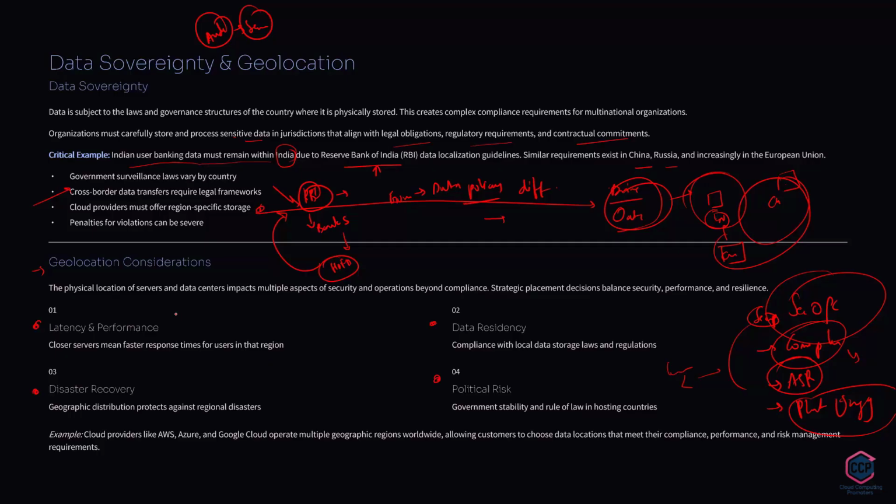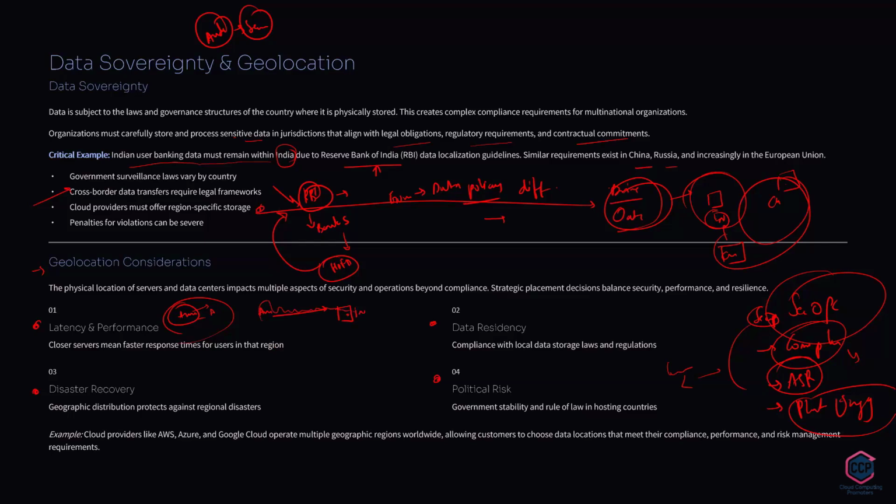Latency means, if you are sitting in America and the data center is in America only, then it is easy to access the data and there won't be any lag or latency. But if you are in America and the website is hosted in India, then what will happen? It has to travel through the sea route, all the wires, and then it reaches you.